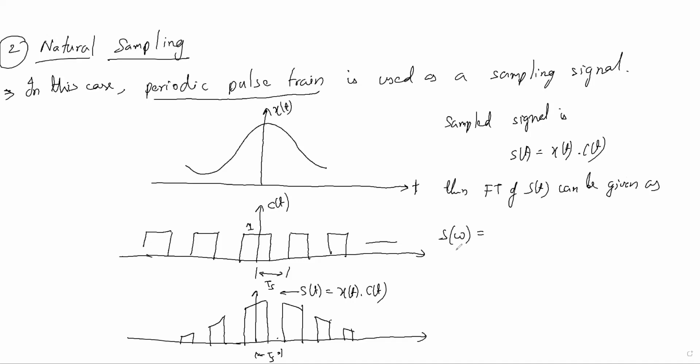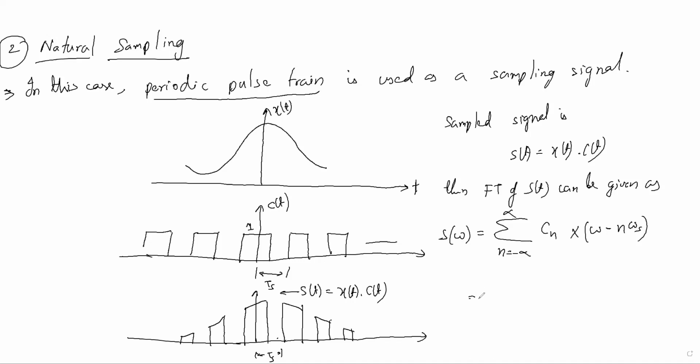If we want to find this sample signal in the frequency domain, then we know that we can write the sum over n equal to minus infinity to infinity of c of n, X of omega minus n omega s.